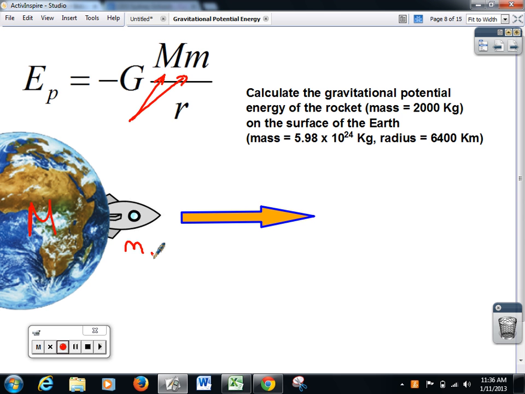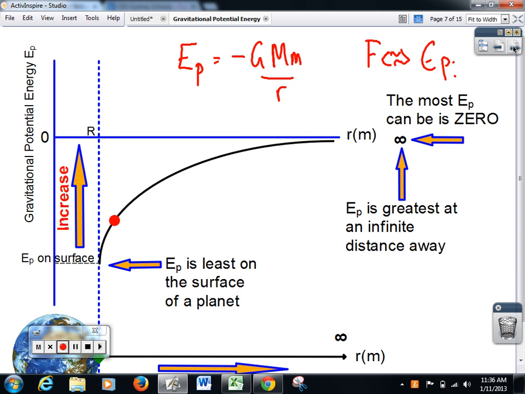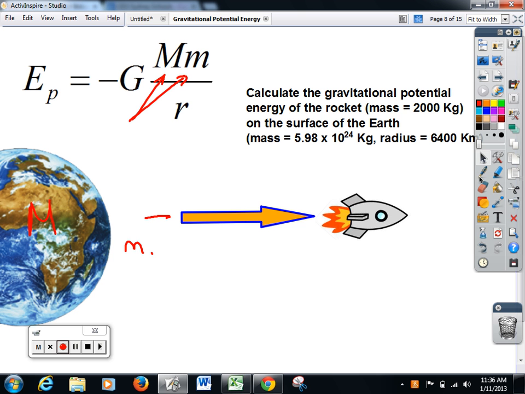And then the last part is the distance that this is away. The distance that this is away is R. So this distance from the centre out to here is R. Okay? Are we okay with all this?